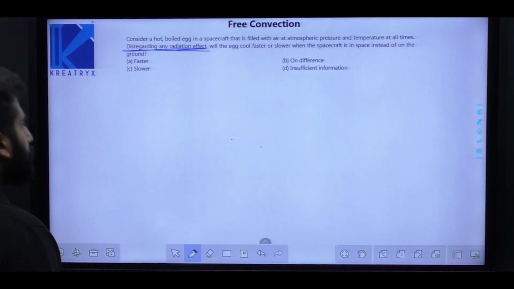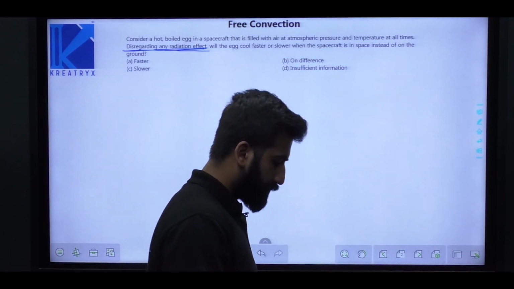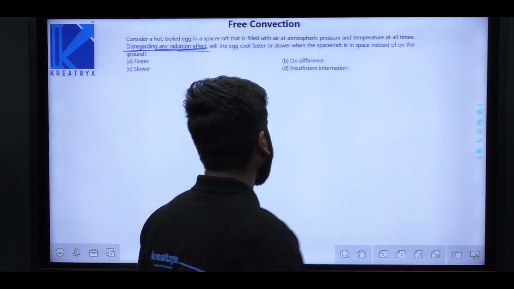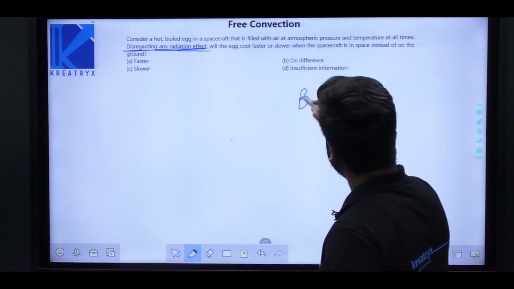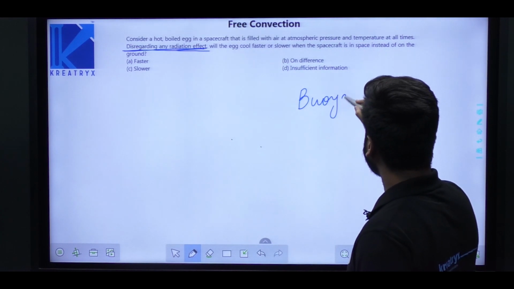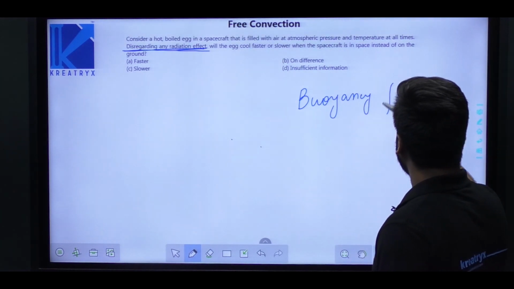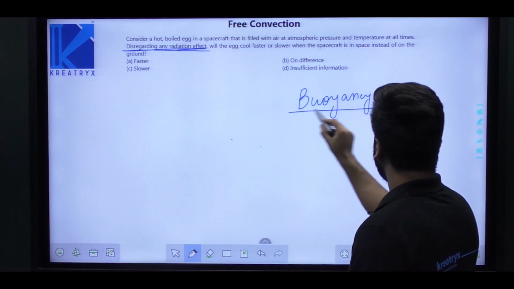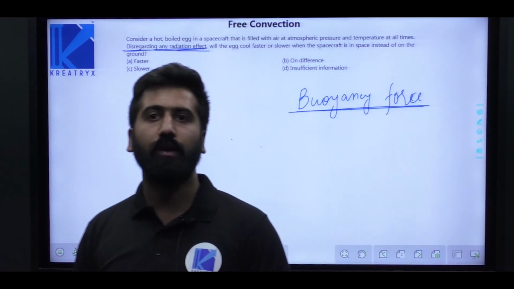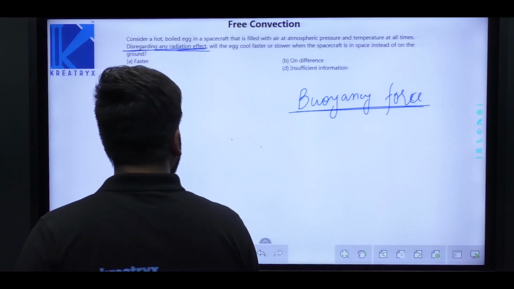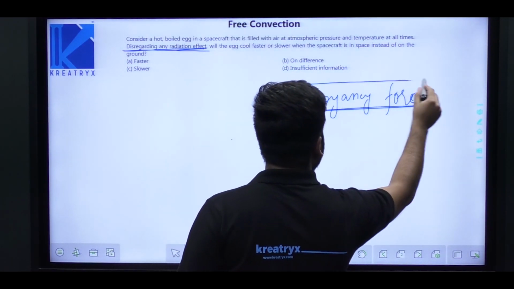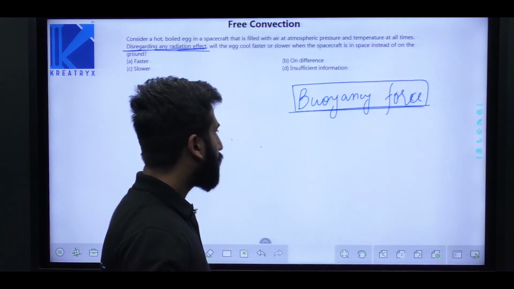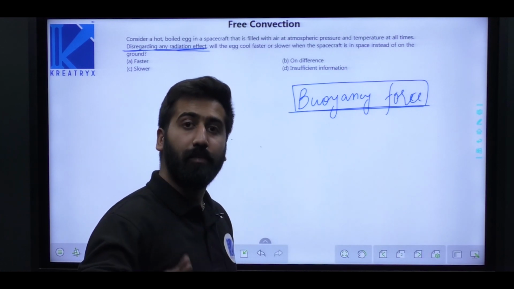Okay. So tell me, first of all, what is the basic driving force for natural convection? Buoyancy force is the driving force for natural convection, and there is a number that signifies the magnitude of buoyancy force. What number is that? That is the Grashof number in natural convection.